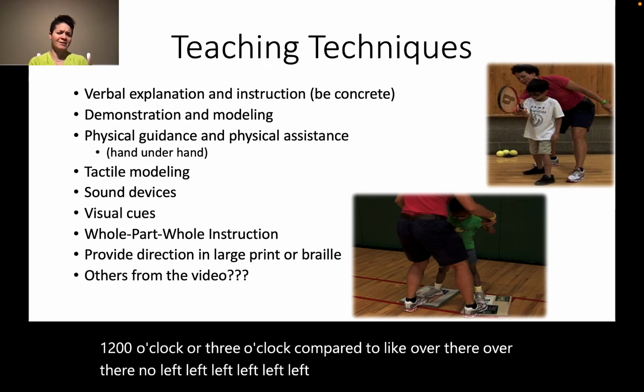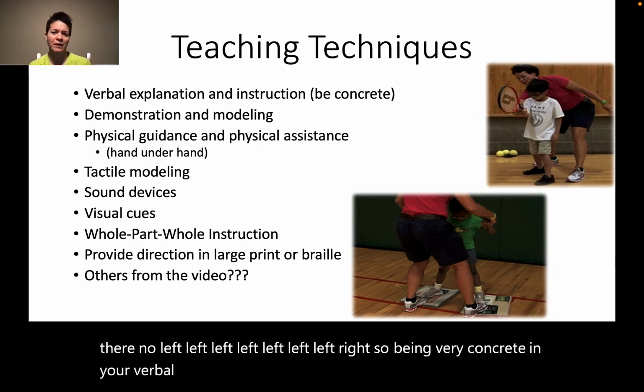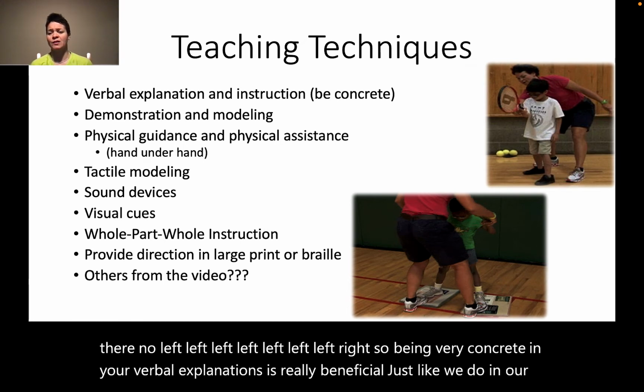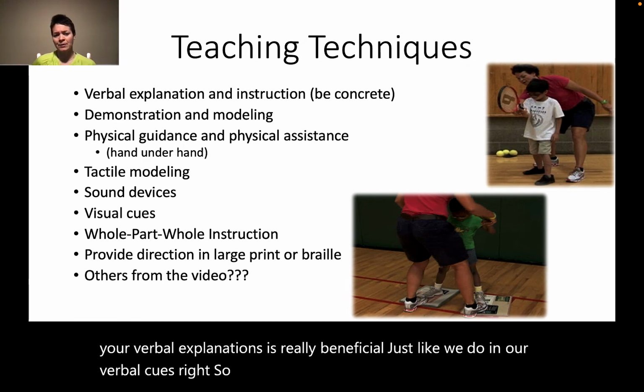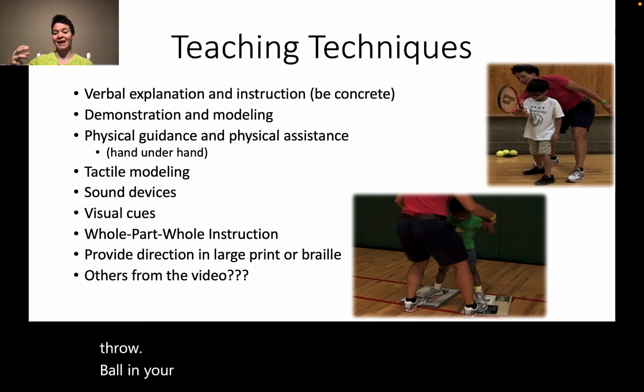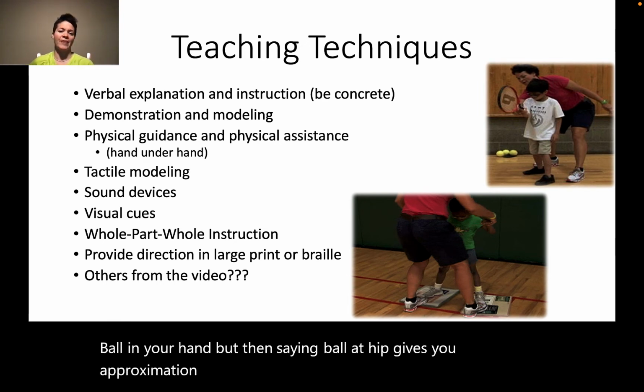Being very concrete in your verbal explanations is really beneficial, just like our verbal cues, like ball at hip to start an overhand throw. Saying ball at hip gives an approximation of where you want that arm and hand to be.